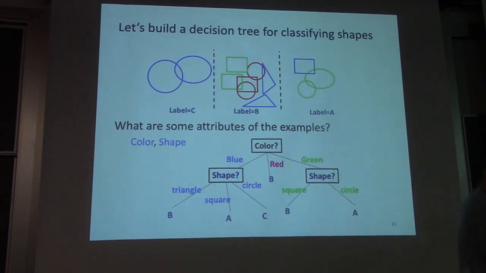But what if you had a repeat, like a blue circle with C and an A? What if it was a repeat? You mean you switch the order to create the tree? You will use the shape first and then do the color?